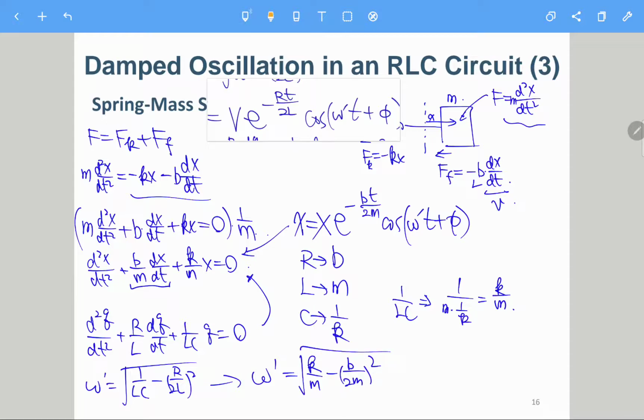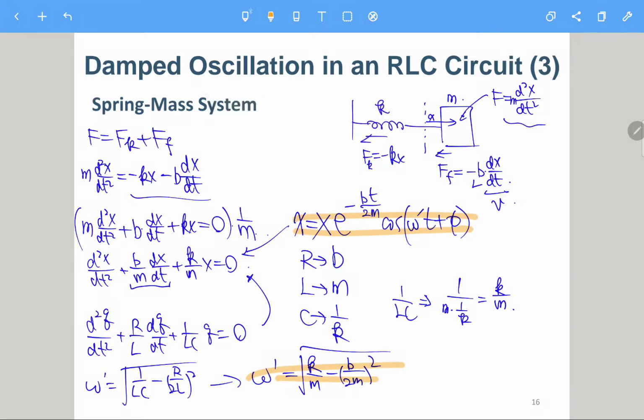So we altogether have this expression and also this expression. So this is the analogy between the LC oscillation and also the spring mass system.